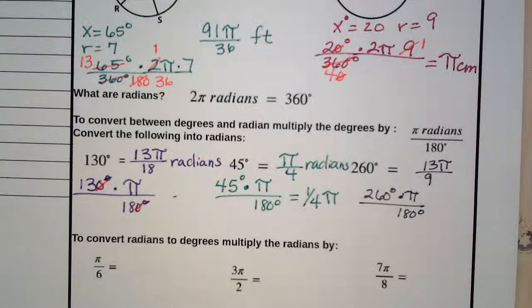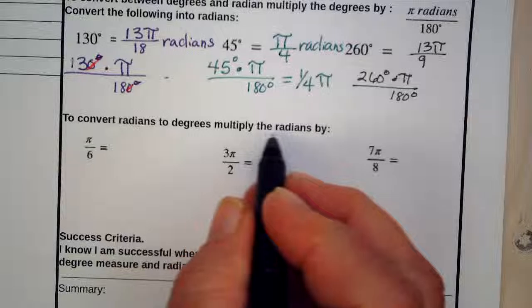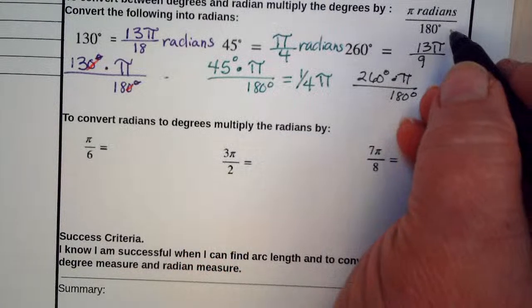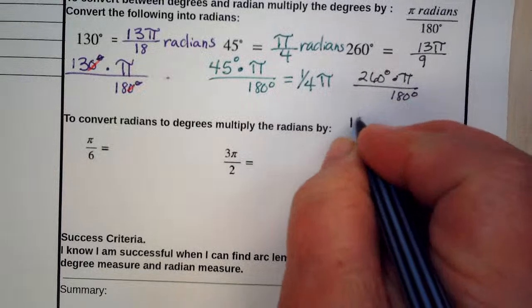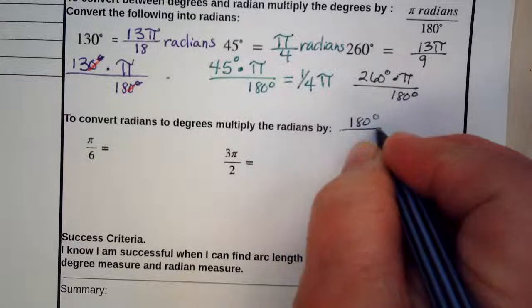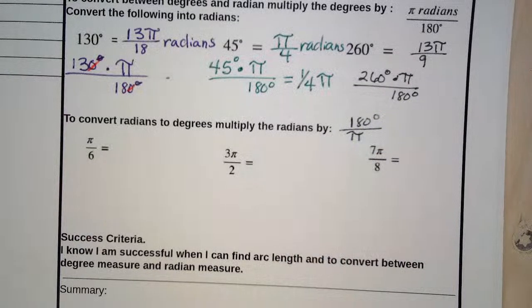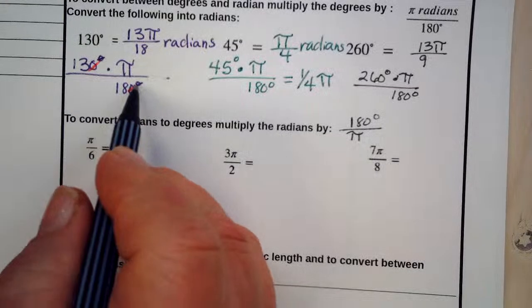Okay, so now if we're going to convert radians to degrees, we're going to multiply the radians by, guess what happens here? It is flipped over. It's going to be 180 degrees over pi. Up here, our degrees canceled out.